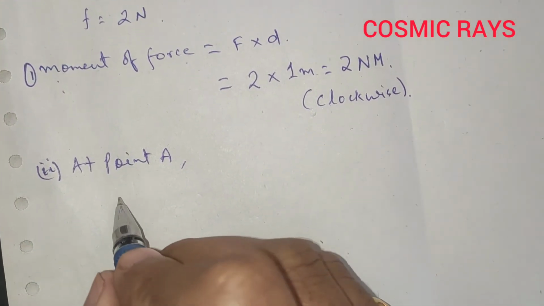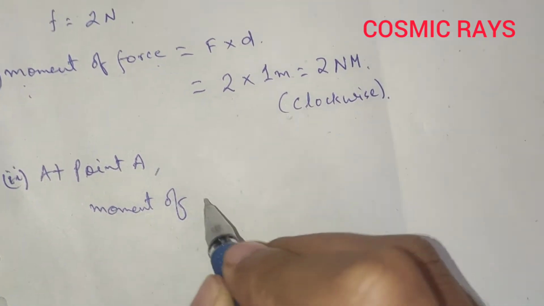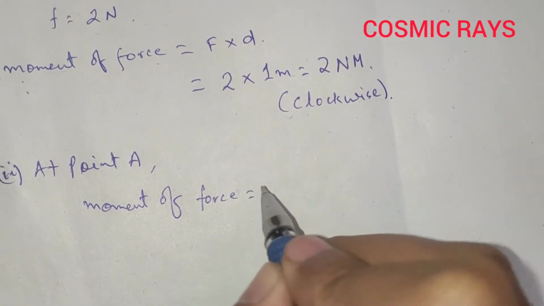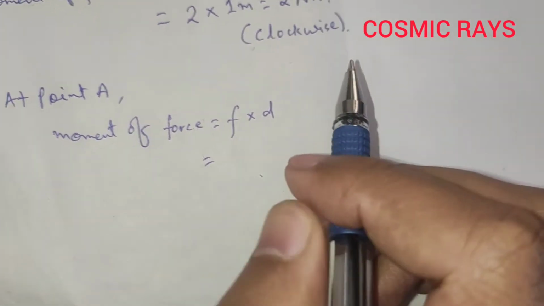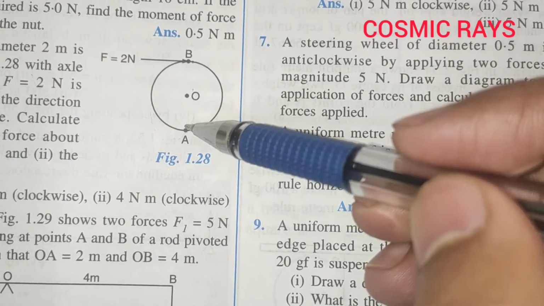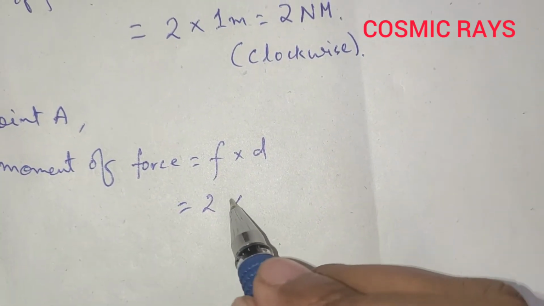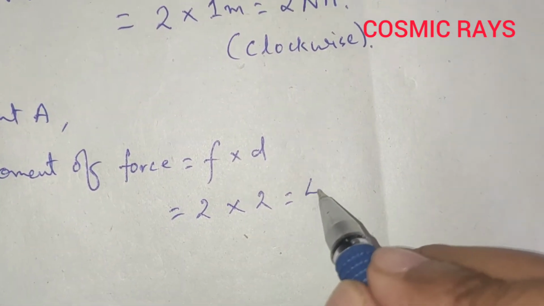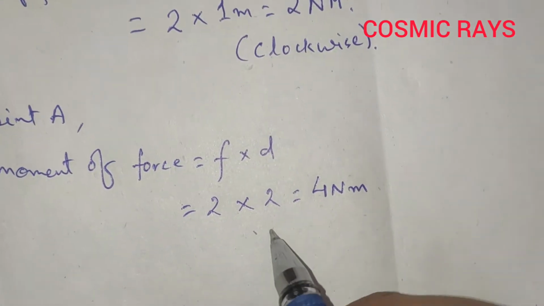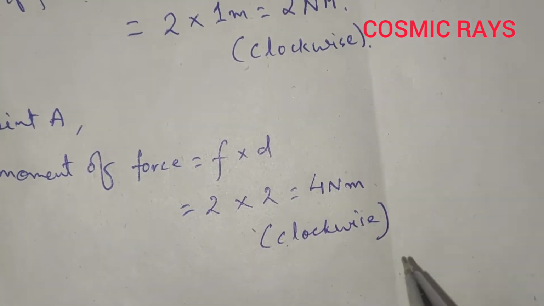Again we write moment of force is equal to F into D or R. Now here the distance is from B to A, that is the entire diameter. So force is 2 Newton and diameter is 2 meter. So that is equal to 4 Newton meter, and again in clockwise direction.